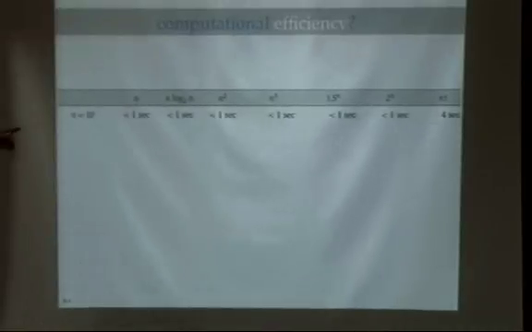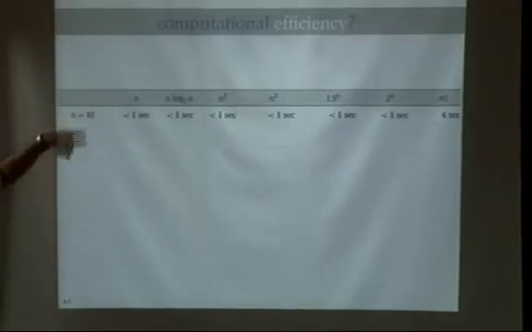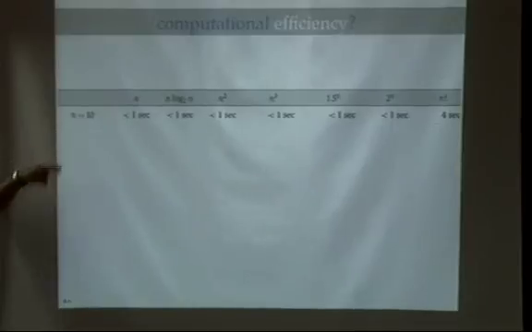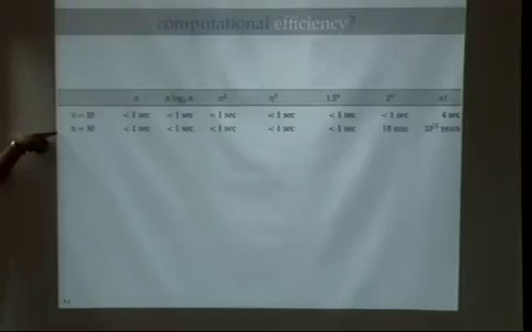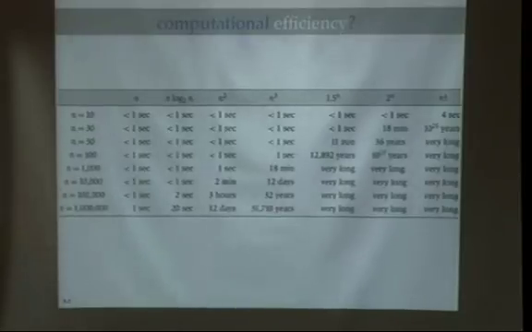If there are only 10 points in the plane, then those algorithms can answer the question in less than 1 second mostly. But the same algorithms on a different size of input, say 30 points in the plane, are still okay, except the n factorial algorithm. That takes 10 to the 25th years. It's nonsense, right?